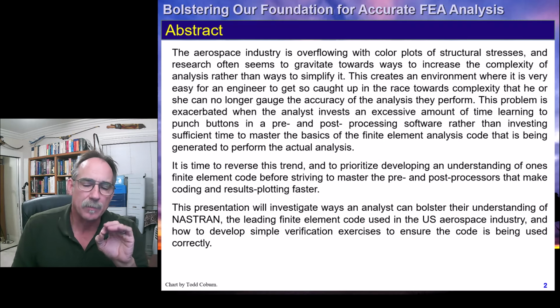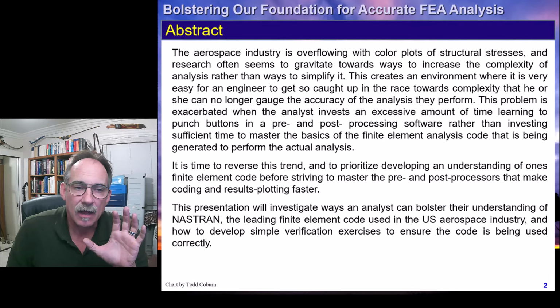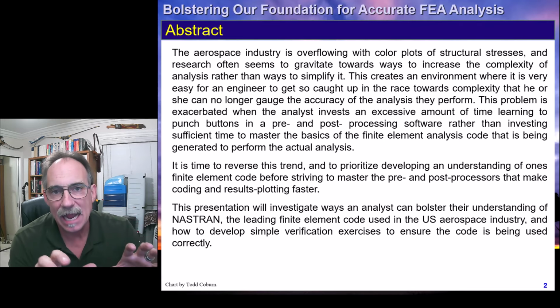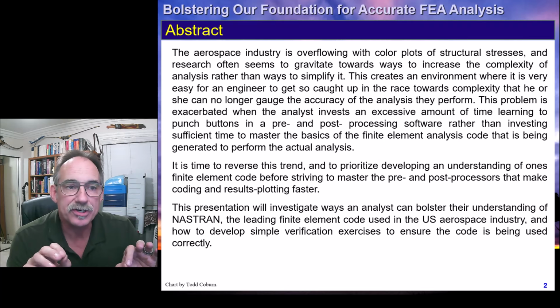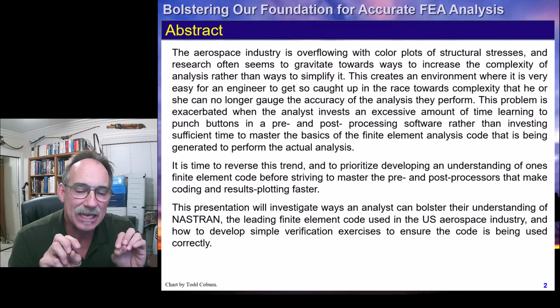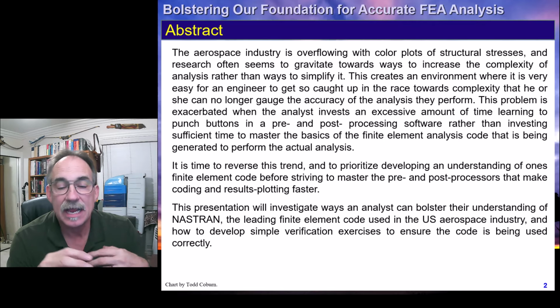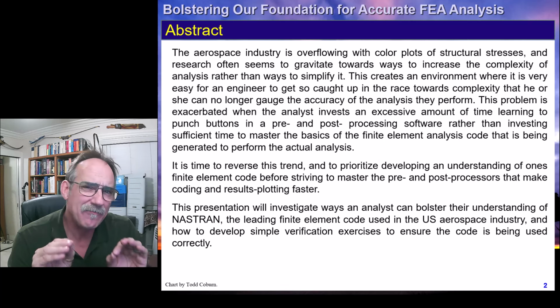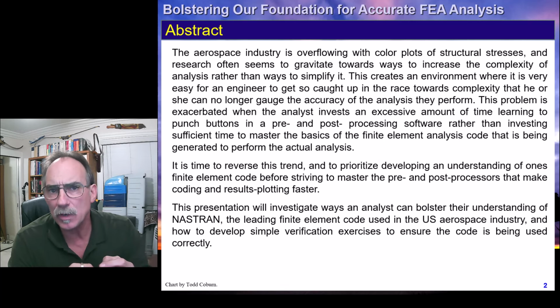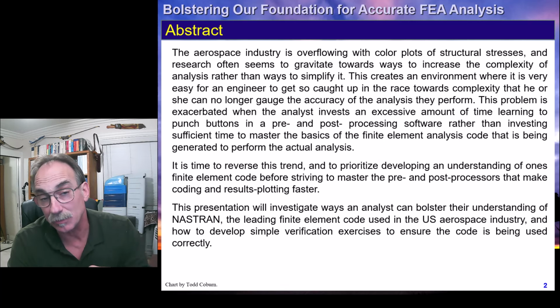So what I wanted to propose is dropping back down into the trenches of understanding what each NASTRAN element does, how it works, and then verifying it with little simple cases where we can actually check the results.